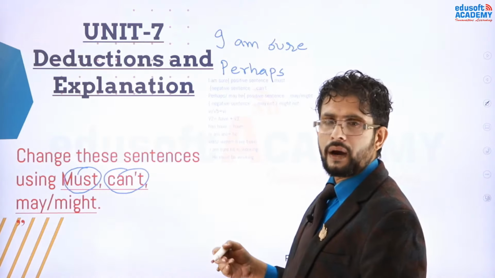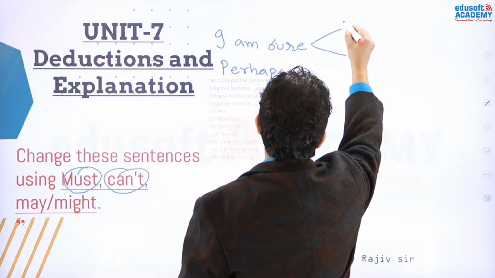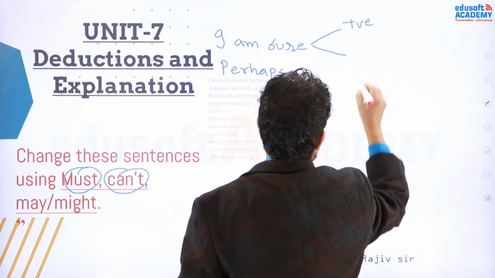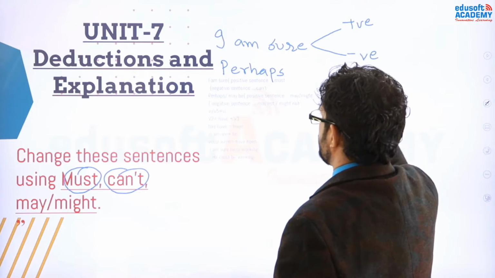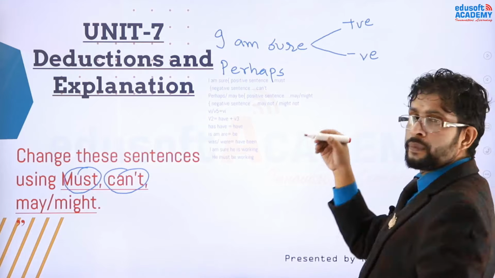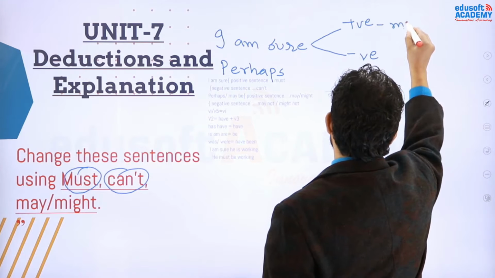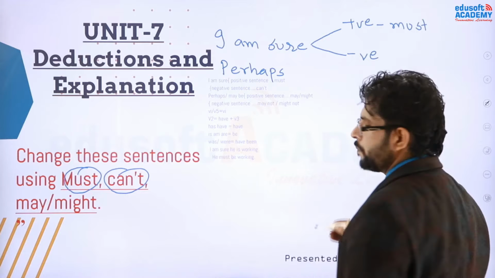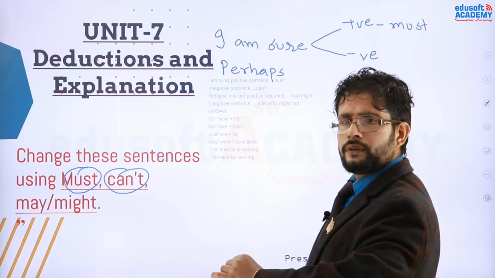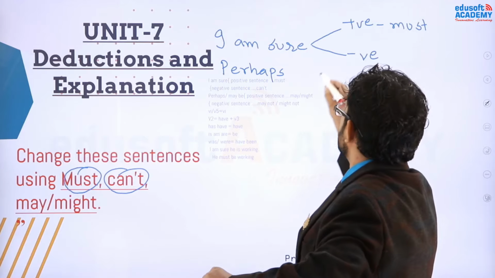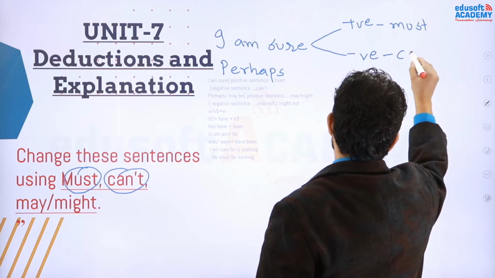I am sure can be followed by a positive sentence or a negative sentence. If I am sure is followed by a positive sentence, you are going to write must. If I am sure is followed by a negative sentence, then you must write can't.